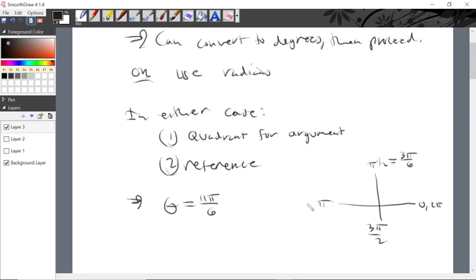Pi with a denominator of 6 would be 6 pi over 6. 3 pi over 2 is the same as 9 pi over 6. And 2 pi is equivalent to 12 pi over 6. So 11 pi over 6 is going to be between 9 pi over 6 and 12 pi over 6.